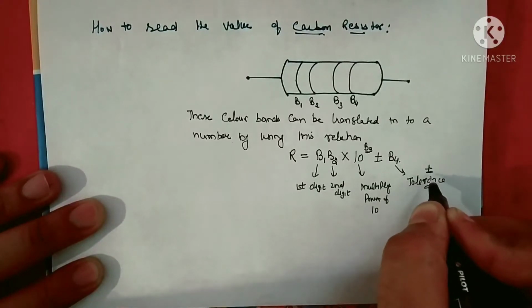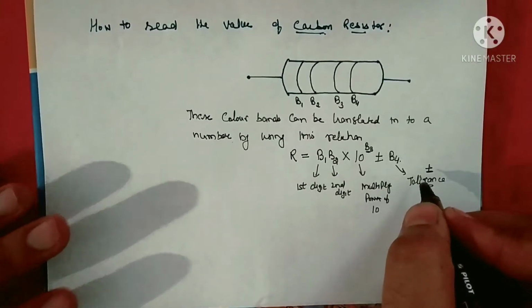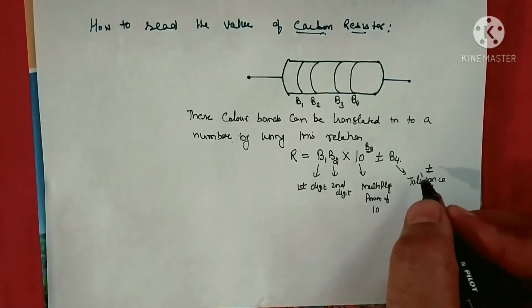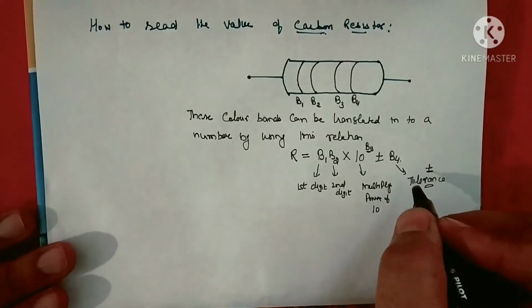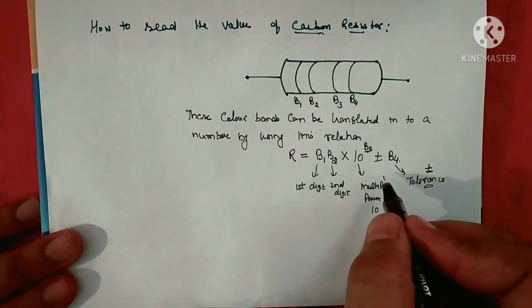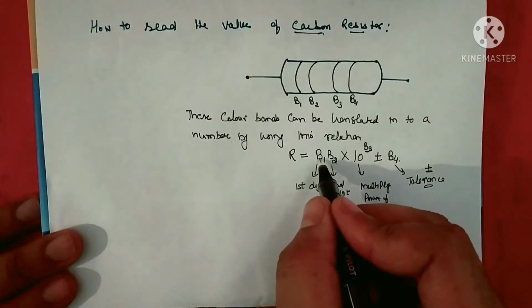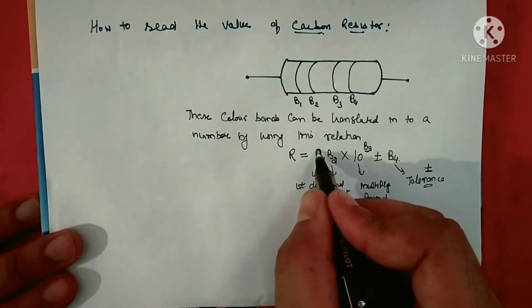What is plus minus tolerance? It means the resistance can vary plus or minus according to the percentage, so we have a maximum or minimum value. So this tolerance will decide the range of the resistance. By remembering this formula we can find the resistance by knowing the colors of the bands.